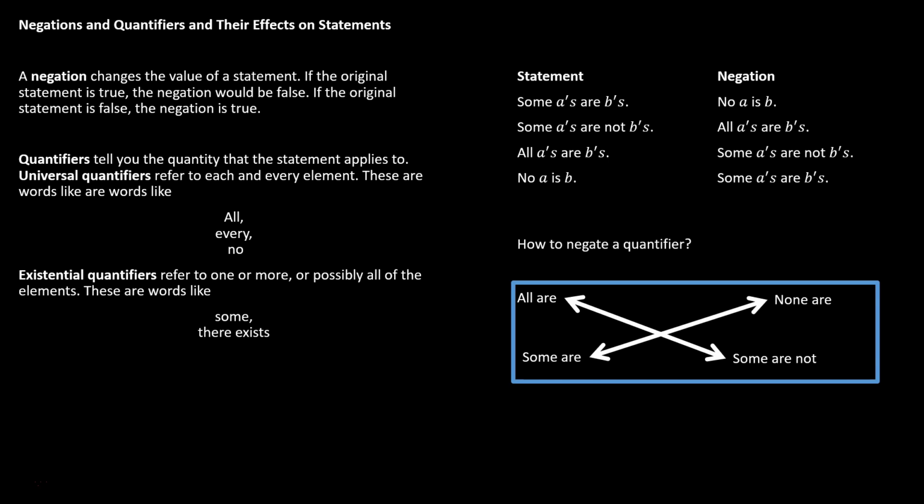We're not going to test heavy on this, but I want the idea to be clear that you can have a quantifier in a statement, and the negation of that quantifier changes you from a some to none, some are not to all changes to some are not, and none changes to some are. So if we can follow this table, then I think we will be fine.